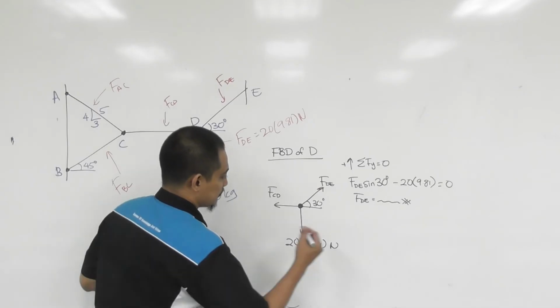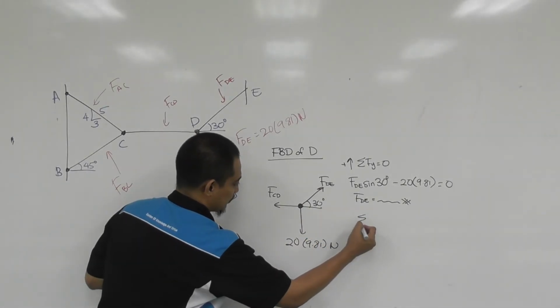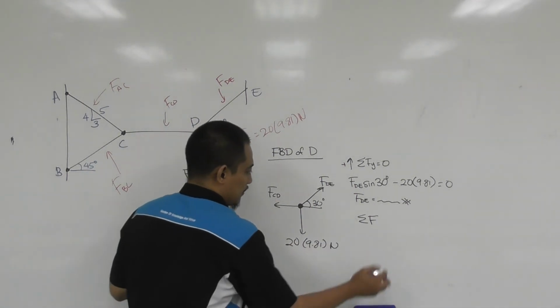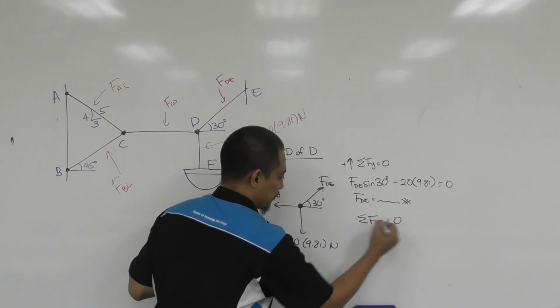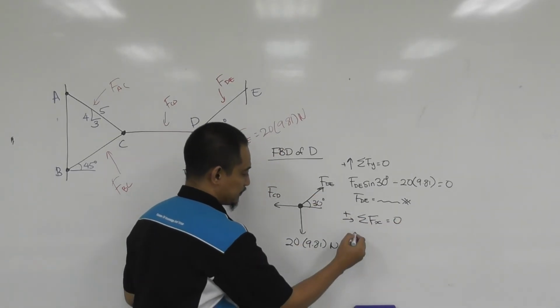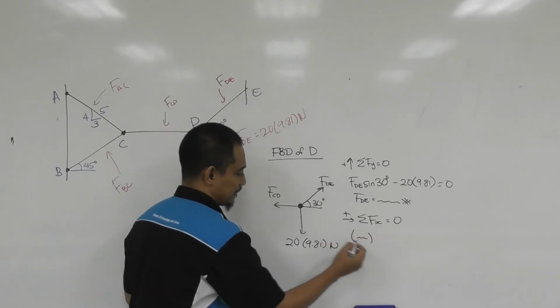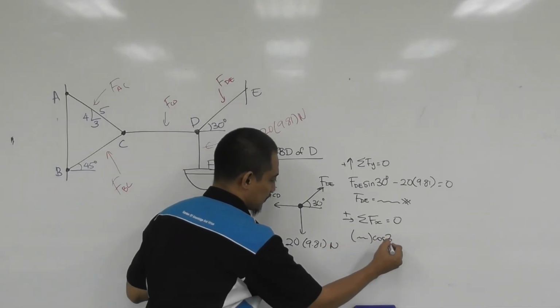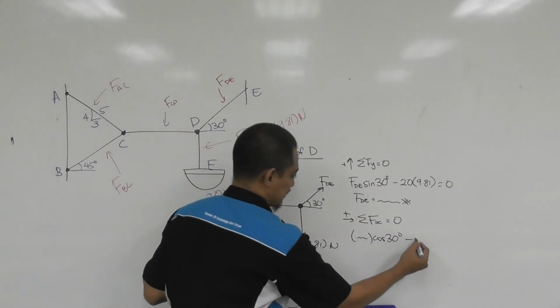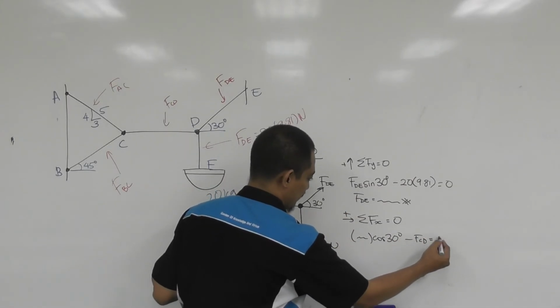So when you do the next equation of equilibrium, the summation of Fx equal to 0, to the right as positive. So basically you have FDE, which is known here, FDE cos 30. So whatever value here you can put, minus FCD equal to 0.